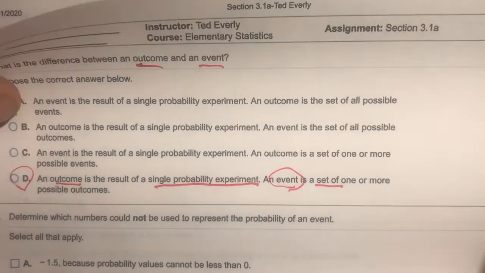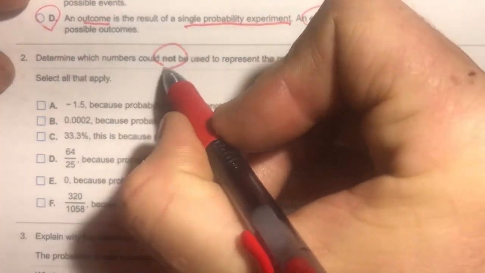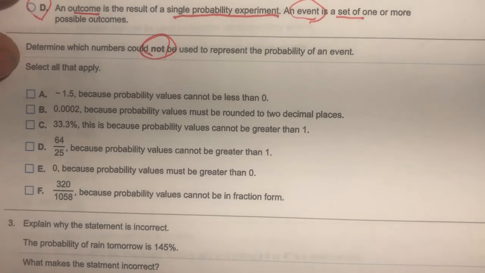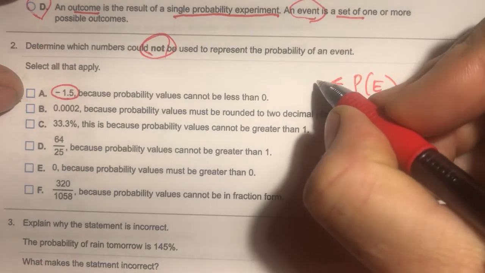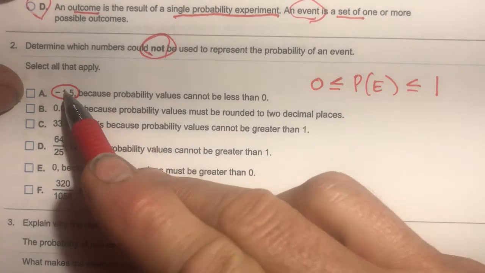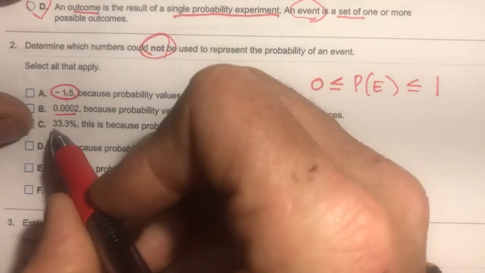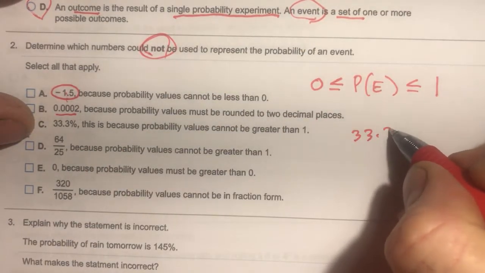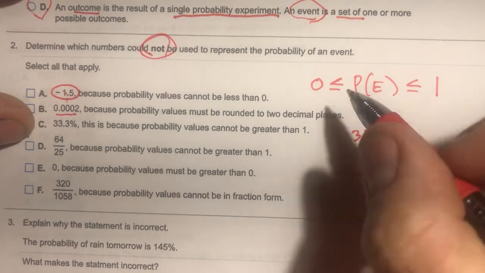All right, let's go to the number 2 here. Determine which numbers could not be used to represent the probability of an event. Okay, well, look at this one here. We cannot have a negative. Remember now, the probability of an event has to be greater than or equal to 0, but it has to be less than or equal to 1. It's got to be between 0 and 1. This is negative, so that can't happen. Now right here, this is between 0 and 1, so that's okay. 33.3%, that's 33.3 over 100, which is between 0 and 1.